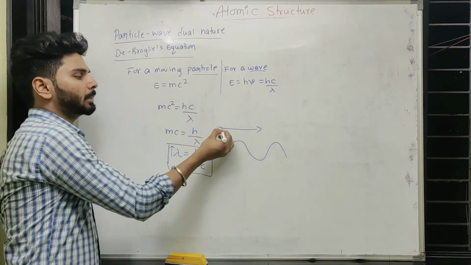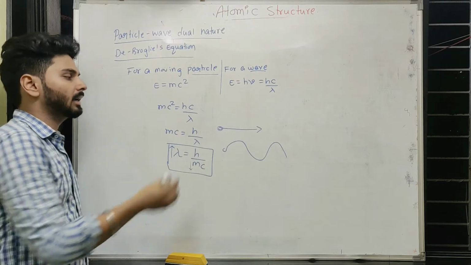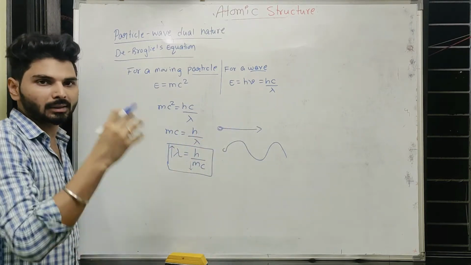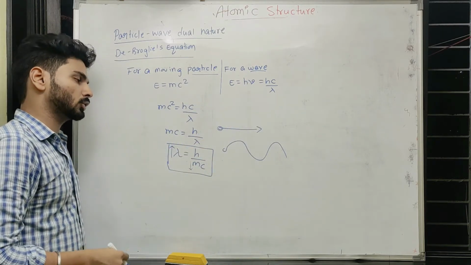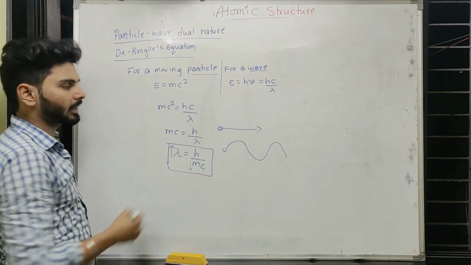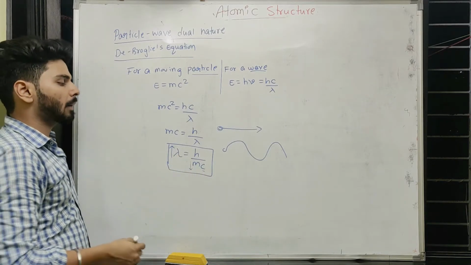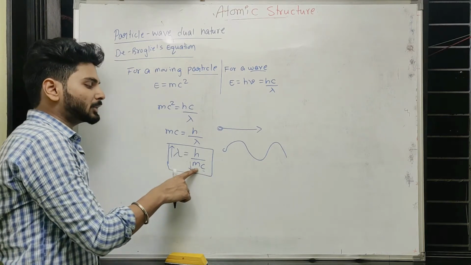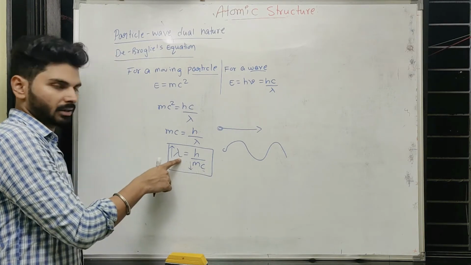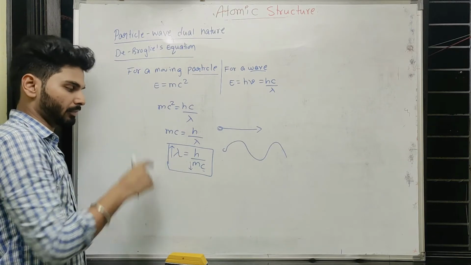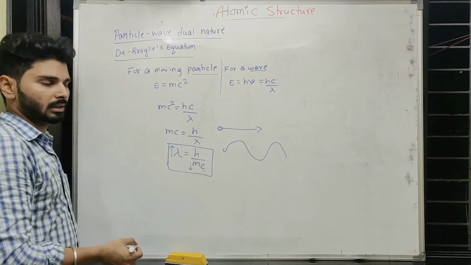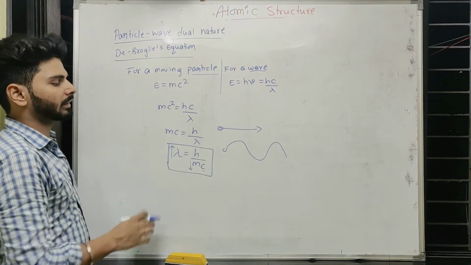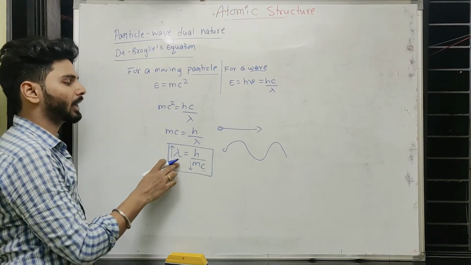If the size is big enough to look at, then its movement will appear like a particle moving. Definitely speed matters, how fast it is moving, but largely it depends on the size of the material. If the mass is very small, its moving behavior looks like a wave. If the size is big enough or significant enough, you cannot see any wave nature.